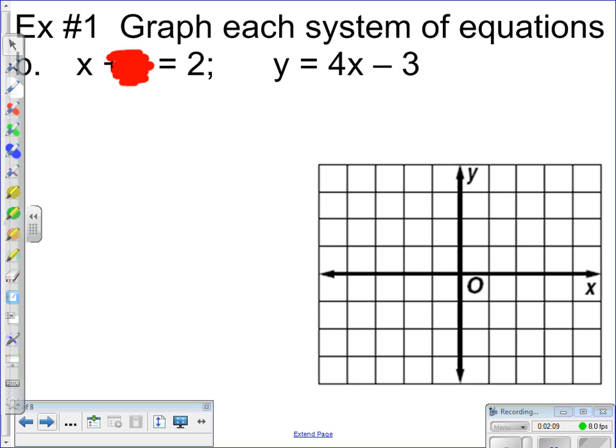First, we'll cover up the y and get the x-intercept of 2. Now we'll move over and cover up the x. This will give us the y-intercept of 2. So I'm going to come over here to x, put a dot at 2, go over to y, put a dot at 2, and then connect.